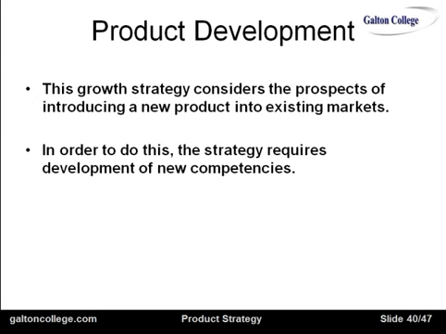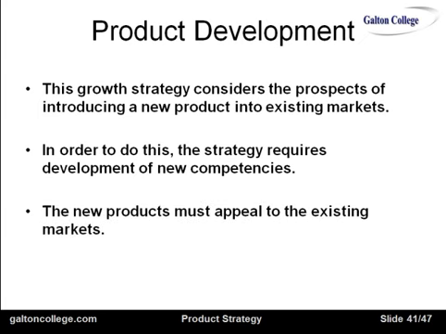Now, the seller may have an expertise in the market. The seller knows the market, the producer knows the market, but developing a whole new product, that is difficult. That requires research and development and a technical expertise and perhaps a new set of competencies within the company itself. And the new products must be appealing to the market.